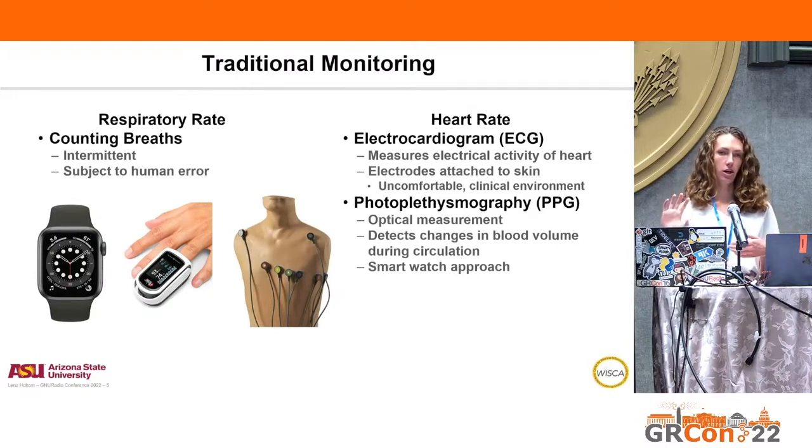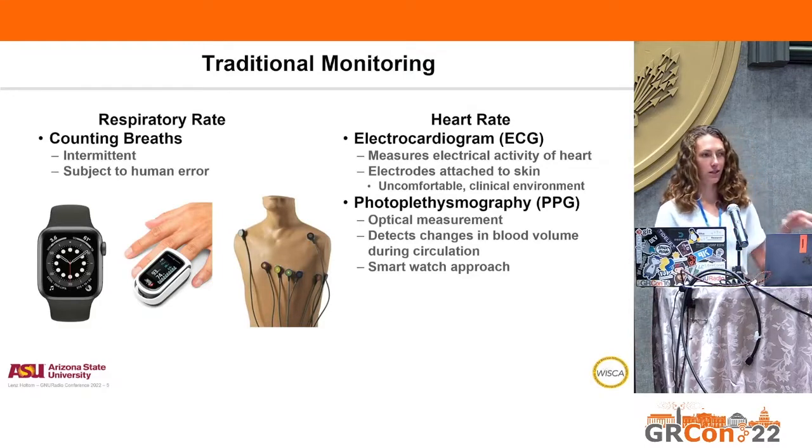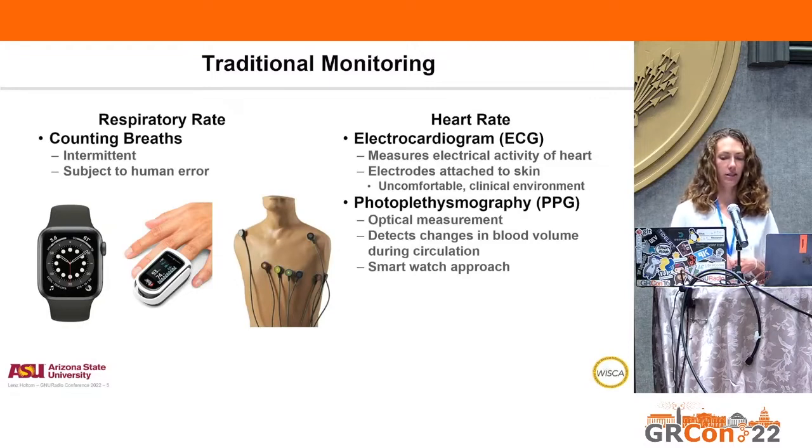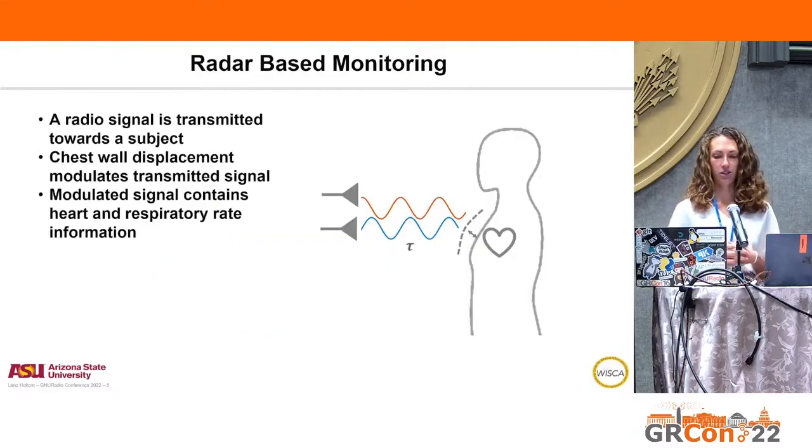When your heart beats, blood rushes into your extremities, so there's more blood in your fingers and toes right after it beats, and that's what this measurement is measuring. If you've ever worn a smartwatch or a pulse oximeter, that sensor in the middle is the measurement that this is taking. But all of these are contact-based or intermittent.